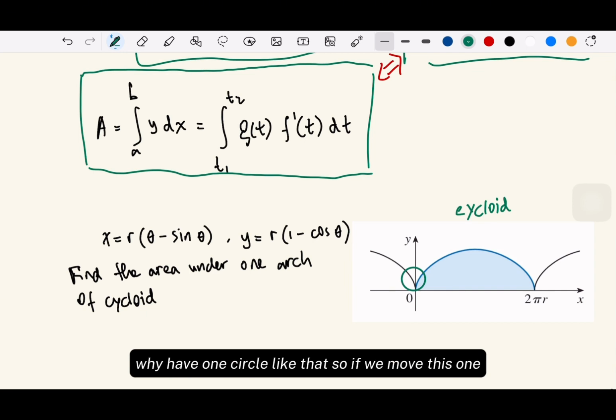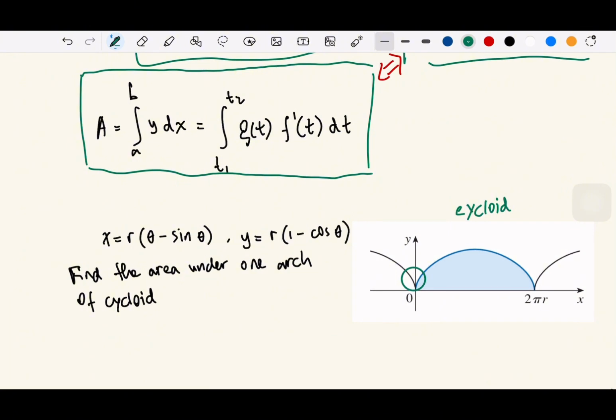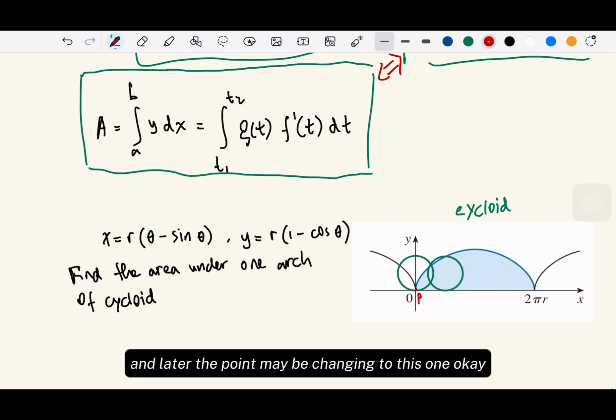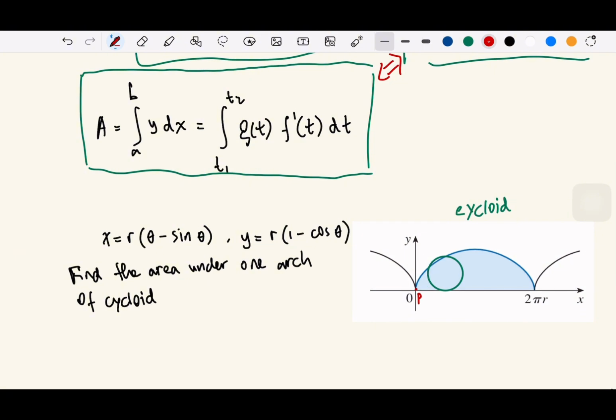If we move this one, the point on this origin also changes, right? So let's say I move to here. This point is here, and later the point may be changing to this one.